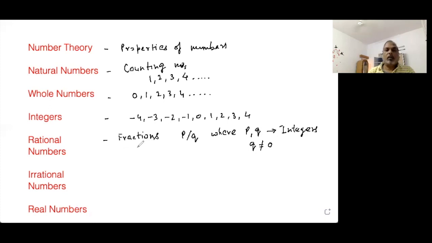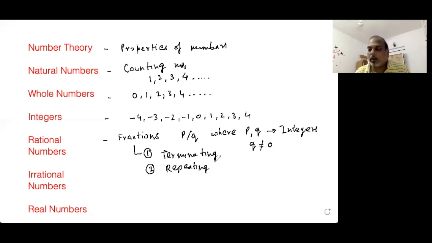Now, fractions are basically of two types. One, terminating type. Another one is repeating. Let us see the examples of these two.